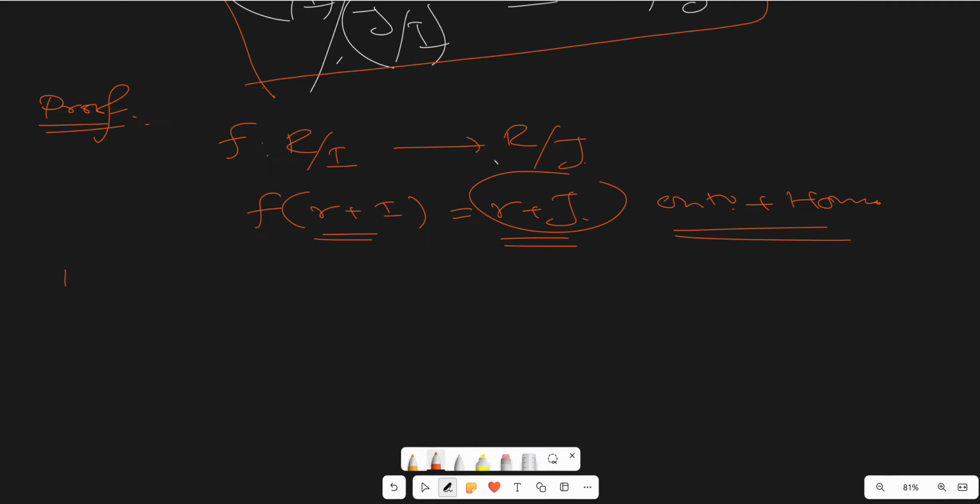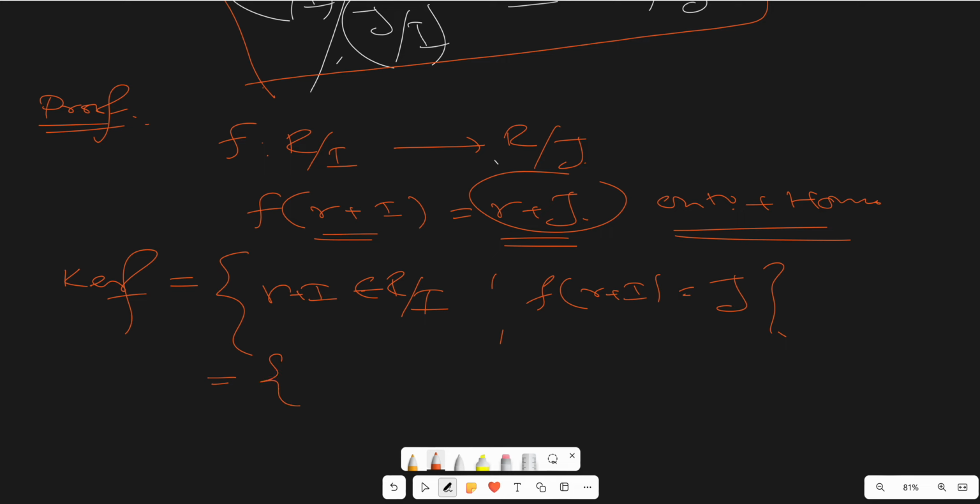So what can you think about the kernel of this map? It is all those R plus I inside R mod I such that f of R plus I is going to be the zero element of R mod J. What is that? This is J. What is that?